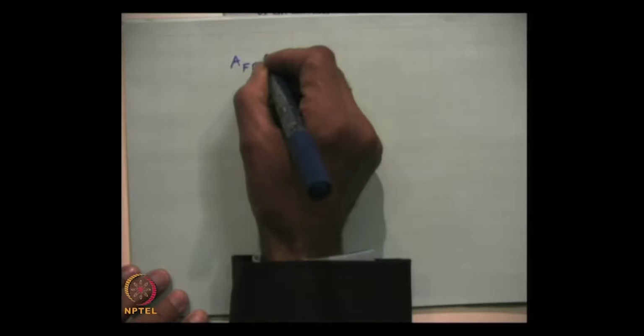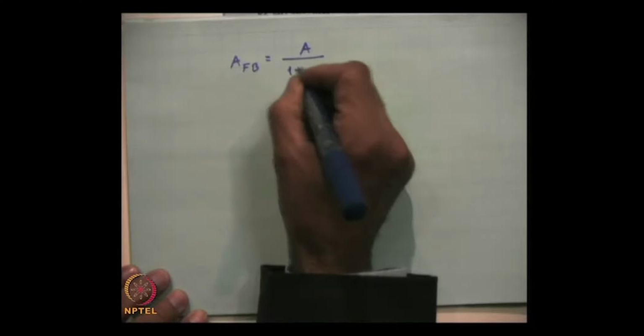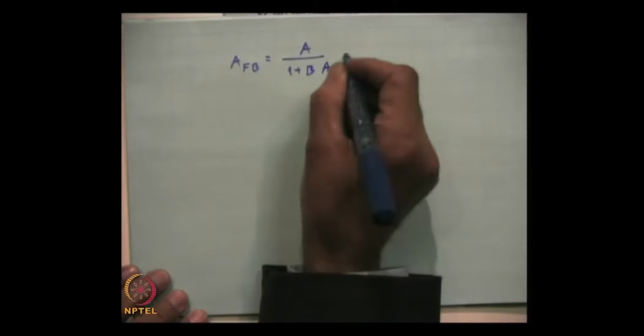We make use of the fundamental equation of the gains, how the gains are related in a non feedback and with feedback amplifier. This is AFB equal to A by 1 plus BA.